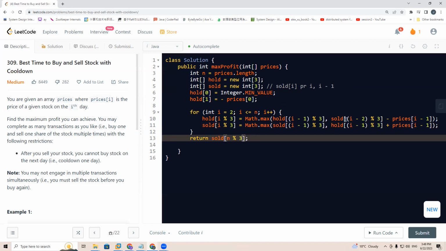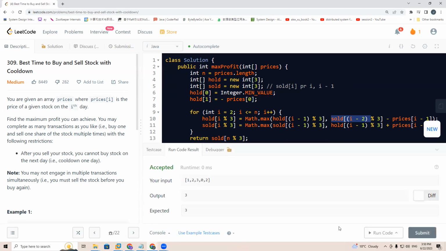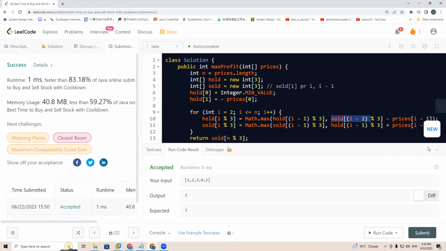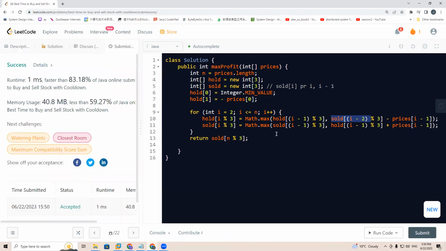We need several variables because it depends on the previous and previous previous, so it gets a bit complicated to write. The formula is a bit complicated, so just writing it using the rolling array should be fine. The time complexity is O(n), space is constant.